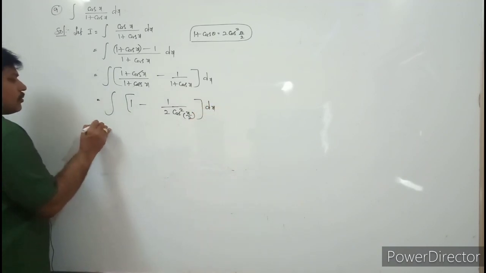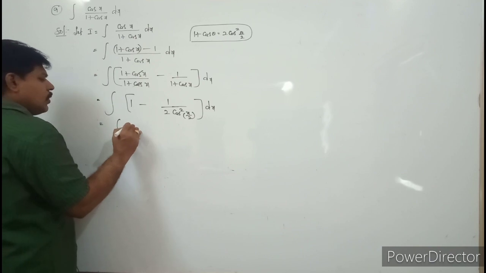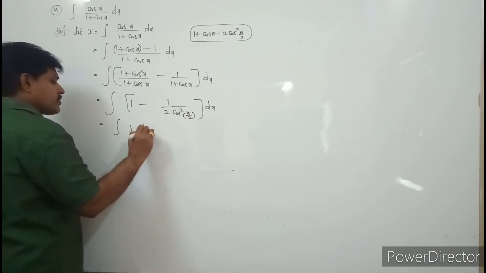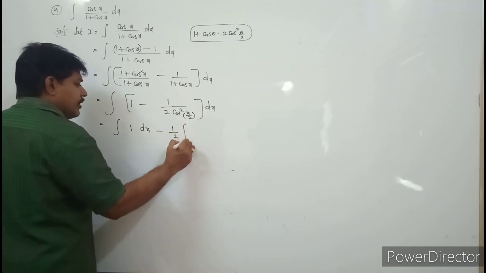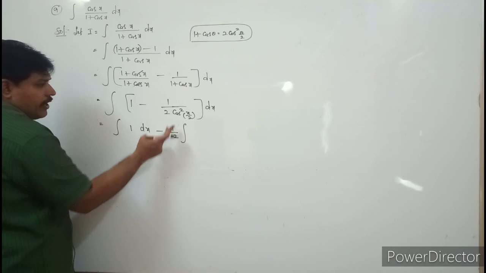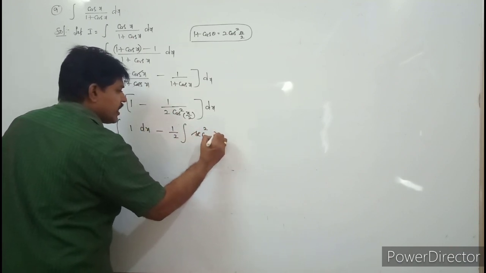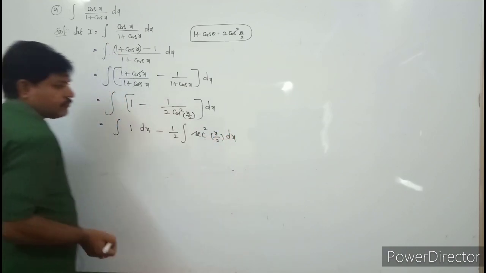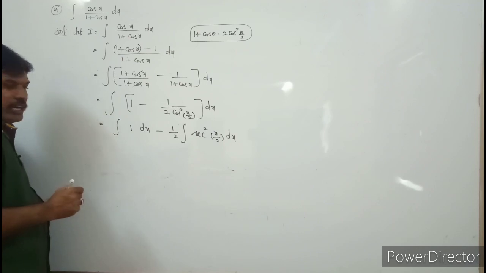So that is equal to integral of 1 into dx minus 1 by 2 into integral of 1 by cos square, which is nothing but secant square x by 2, into dx.